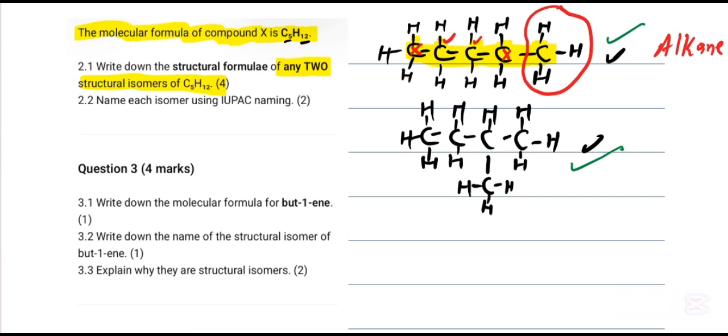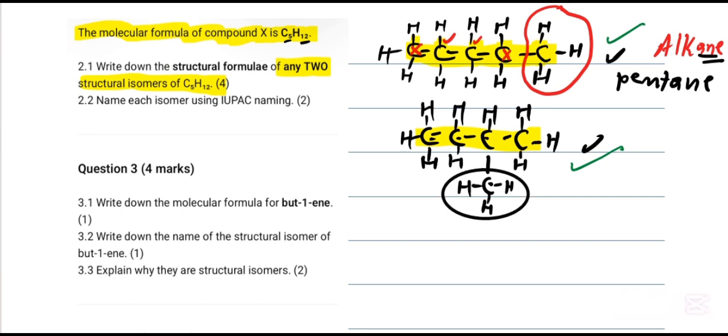There are 5 carbon atoms, which means it's a pentane. Since the alkane is a pentane, then we are done. Now let's do the other alkane. Let's identify the longest continuous chain.